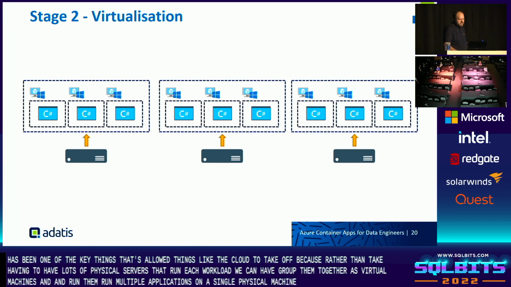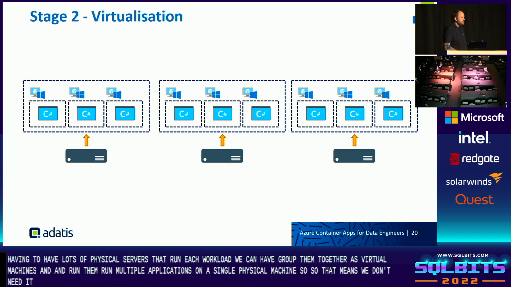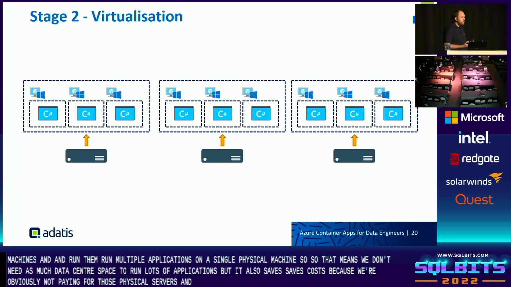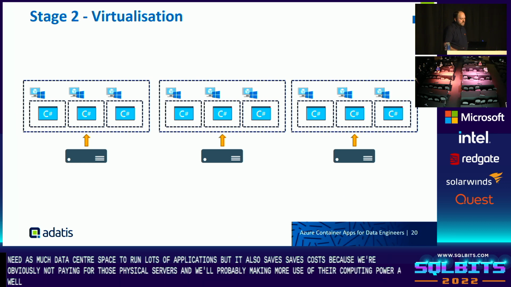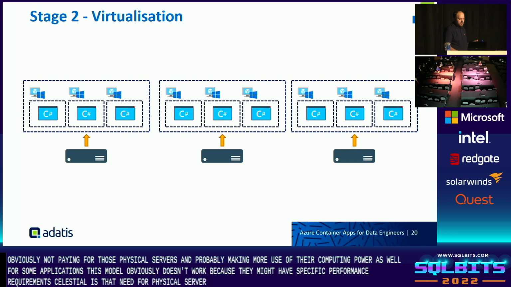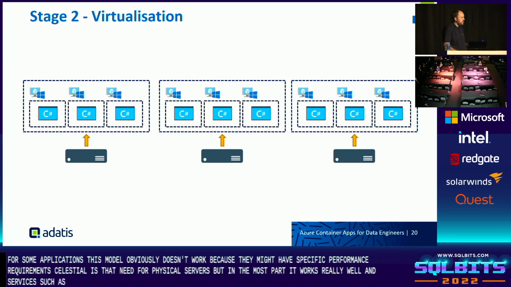That means we don't need as much data center space to run lots of applications, but it also saves costs, because we're not paying for those physical servers, and we're probably making more use of their computing power as well. For some applications, this model obviously doesn't work, because they might have specific performance requirements, so there still is that need for physical servers. But for the most part, it works really well, and services such as Azure use this approach as their foundation.